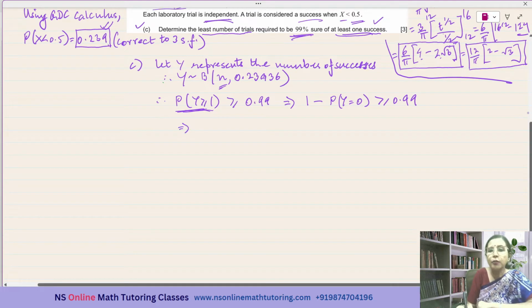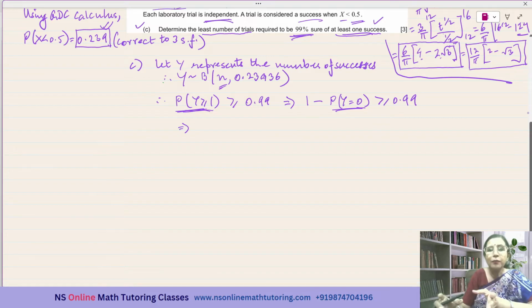Fine. And how to write this inequality? Because this part I cannot enter in the calculator. But we know the expression for the binomial distribution.